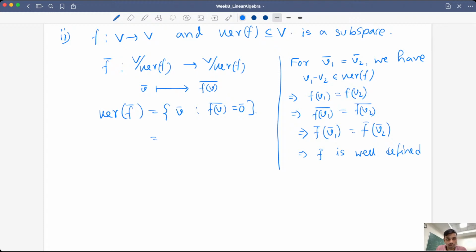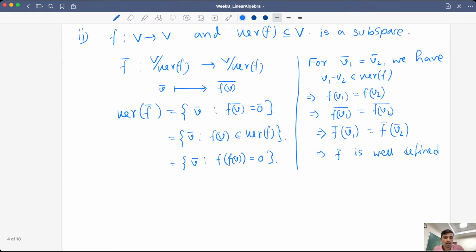So this means that f of v belongs to kernel f, and f of v belongs to kernel f means that f of v equal to 0, okay, so v bar such that f of v is 0.